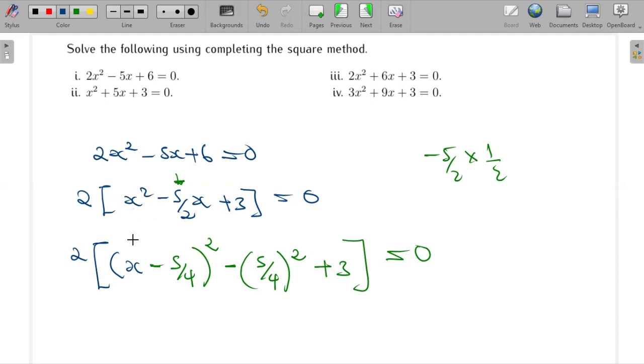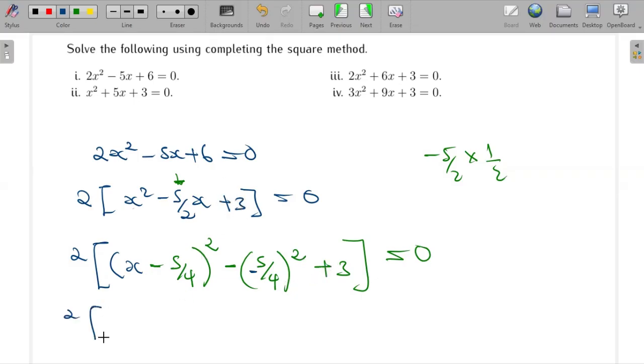After you do that, get 1x, take whatever coefficient is there for x, half it, and then square it. Then you always minus it. It has to be negative 5 over 4 because there's a negative there. You square it, but either way you still get a positive. Then you say plus what had remained there.